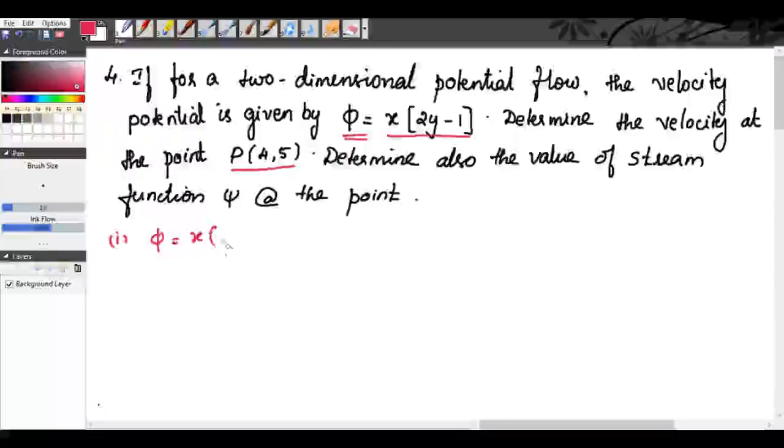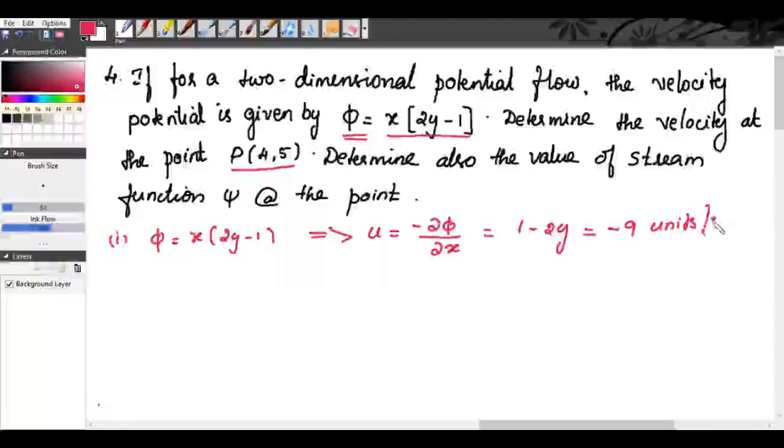So your phi is given as x into 2y minus 1. So first of all, you find what is u, that is equal to minus dou phi by dou x. We get 1 minus 2y. You substitute the value y is equal to 5. You get u will be equal to minus 9 units per second. Similarly, our v will be equal to minus dou phi by dou y.